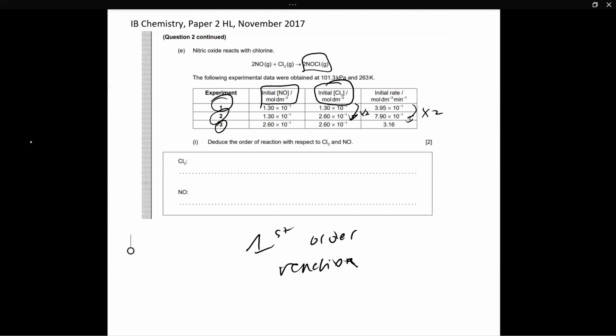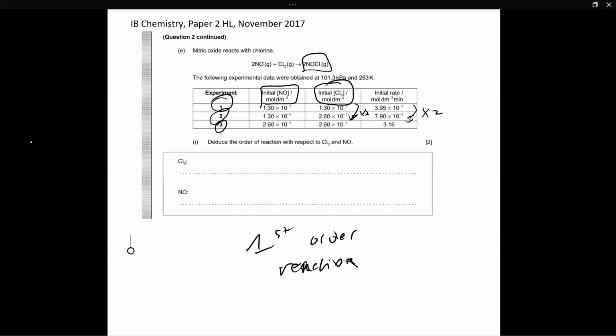This basically means that the magnitude by which we change the concentration of one reactant has the exact same effect on the rate. So we double the concentration of chlorine, the rate doubles. If we triple the concentration of chlorine, the rate triples. If we halve the concentration of chlorine, the rate will also reduce by half, considering we have kept the concentration of nitric acid constant, right? So that is a first order reaction.